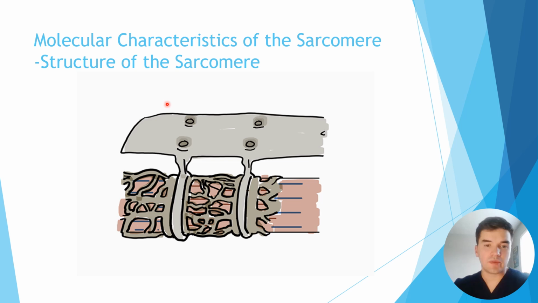All right, so I mentioned before the word sarcomere. This we had mentioned just briefly, where the sarcolemma covers each muscle fiber or cell, and this is the structure of a sarcomere. So we've got the covering, sort of the fascia-like structure on top of the muscle cell.